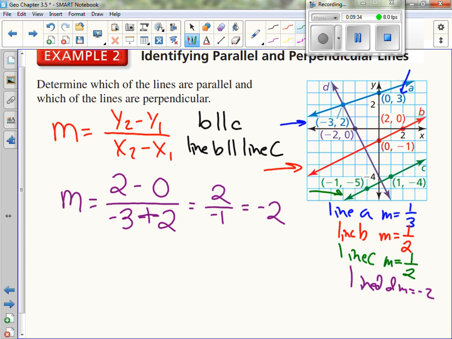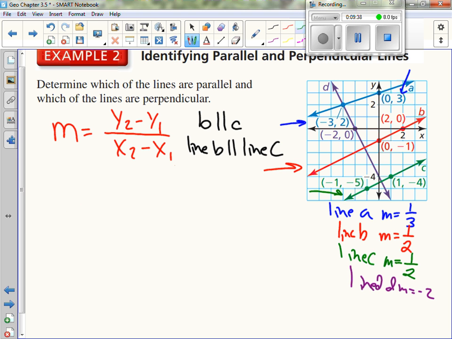Opposite reciprocal. So we do have the opposite reciprocal. The other definition, the straight definition of this, is that their products are going to be -1. So we know one of the slopes is 1/2, yes? So if I multiply the slope of D with the slope of B or C, they're the same.